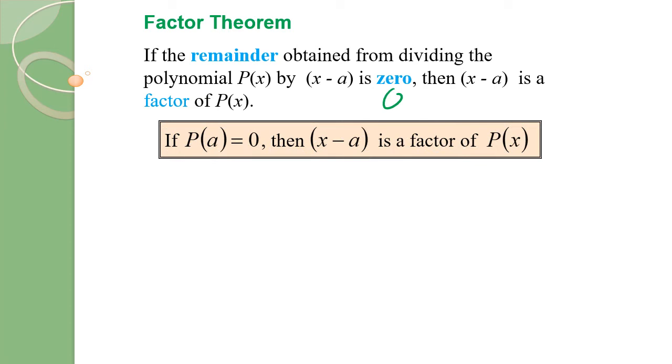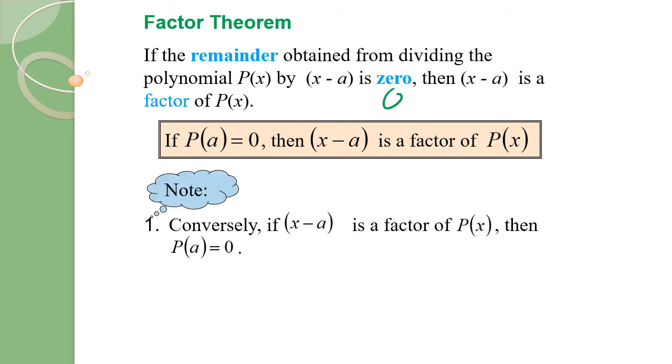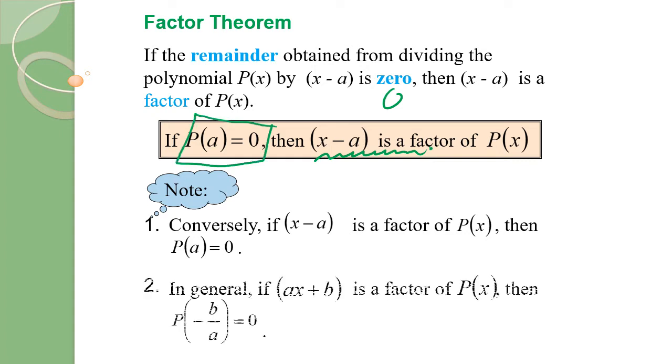If p(a) equals 0, so the remainder equals 0, then x minus a is a factor of p(x). Note that conversely, if x minus a is a factor of p(x), then p(a) is equal to 0. It means that if we know that x minus a is a factor of p(x), then we can use p(a) equal to 0 to solve the problem.